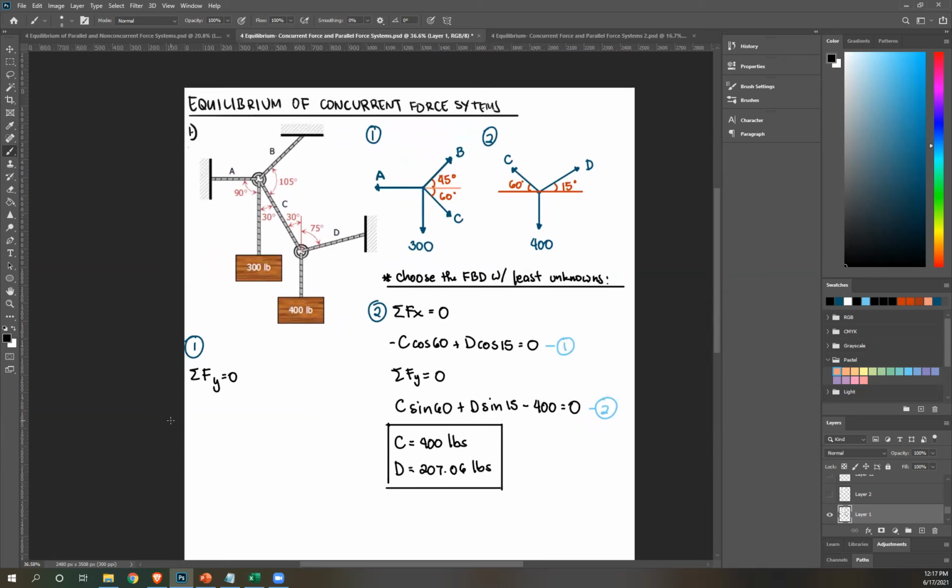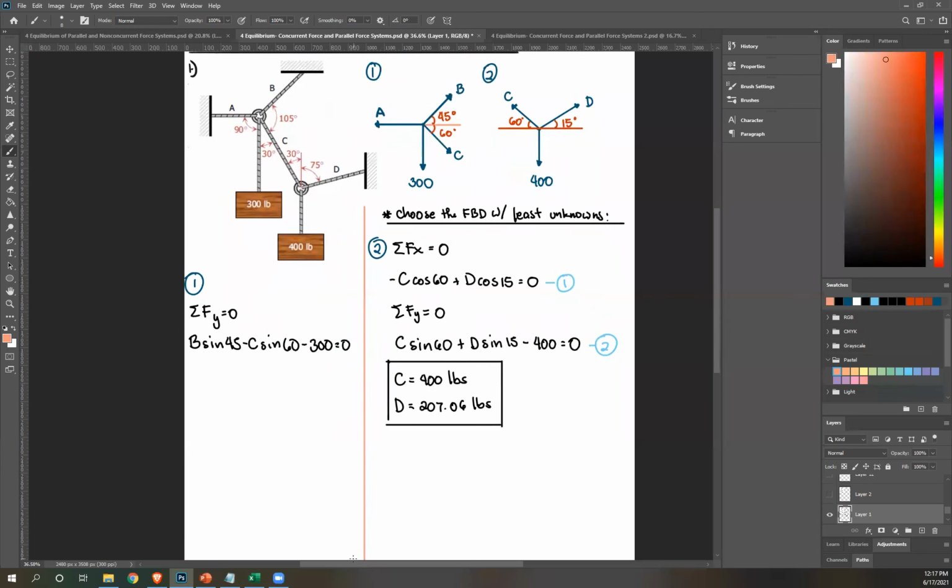Summation of forces y. Let's start with B. That's upward, so positive B sine 45. This is downward, so negative C sine 60. And then we have 300 as a downward force, so negative 300. And then equate that to 0.